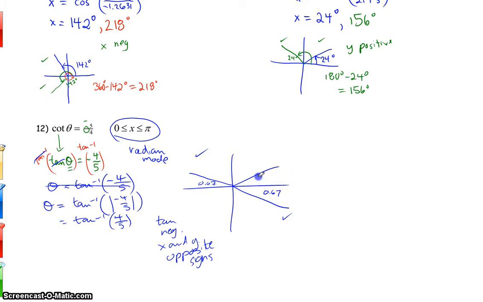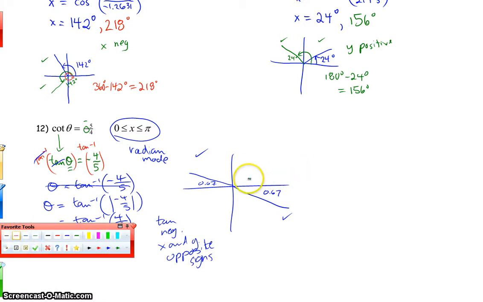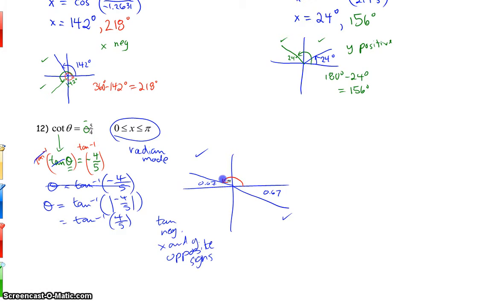Okay, so now we'll get rid of this one. Okay, and we want the rotation angle to those. Oh, check your domain, 0 to pi, which means because it's 0 to pi, we wouldn't need to find this one. If we were to, we'd go all the way around to 2 pi and then subtract 0.67. But it looks like we don't need this based on what our domain is, because we're only going from 0 to pi.